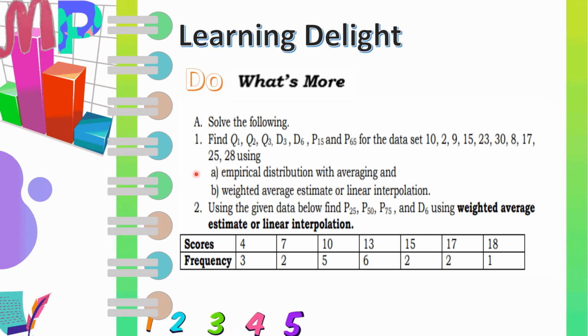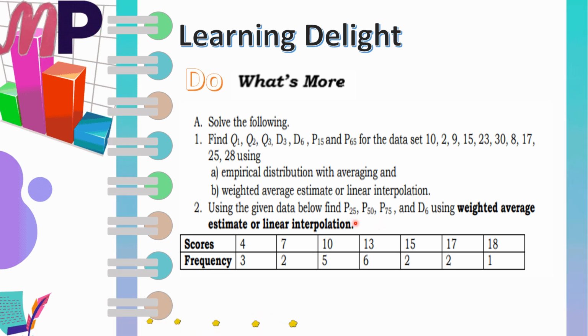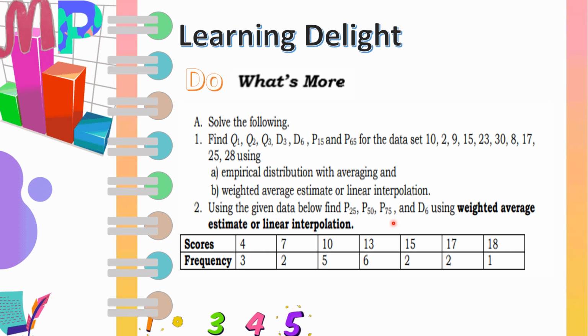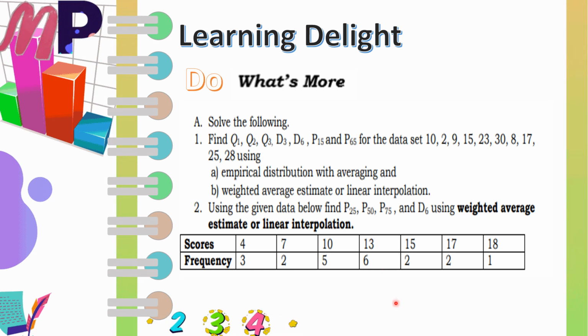The first method is empirical distribution with averaging, and the second is the weighted average estimate, or linear interpolation. For number 2, we're going to find P sub 25, P sub 50, P sub 75, and D sub 6 using the weighted average estimate or linear interpolation only. No need to solve the given measures of position using the first method. Okay?